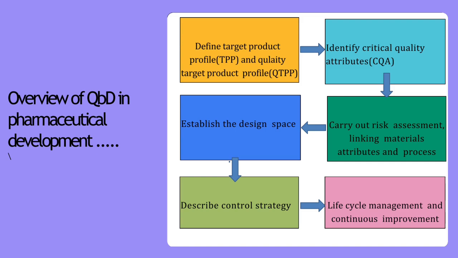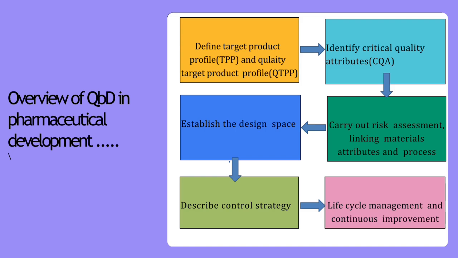Now let us see the overview of QbD in pharmaceutical development. It flows like this. First, define the target product profile and quality target product profile. Then we have to identify the critical quality attributes, CQA.